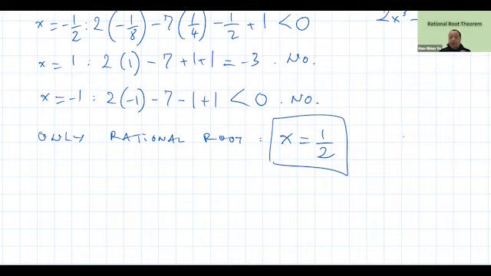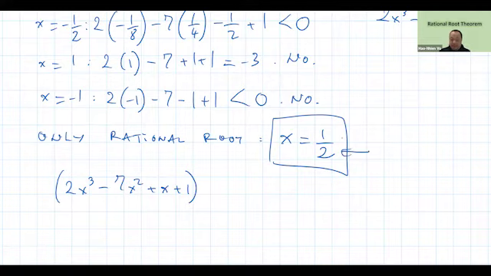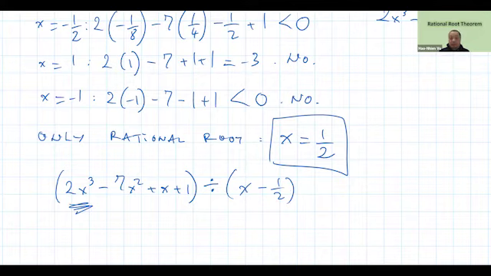If I want to find all roots, I can take the original equation and divide it by x minus this number, using either long division or synthetic division. The original polynomial is degree 3. I divide it by x minus 1/2, and I'll end up with something of degree 2.